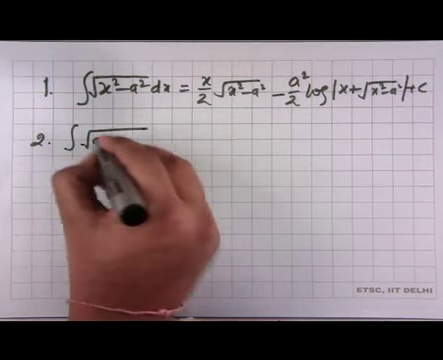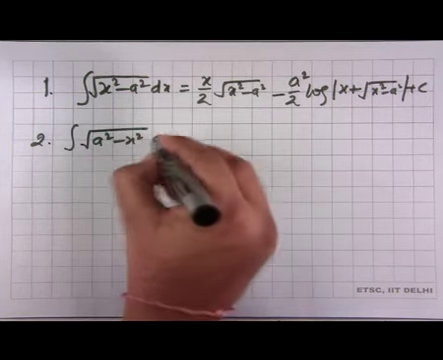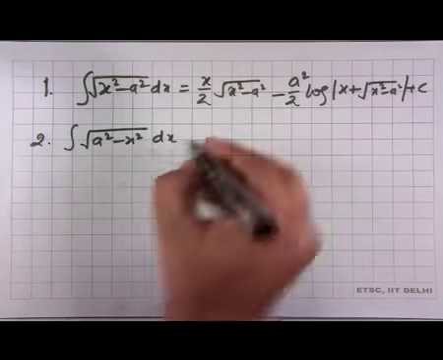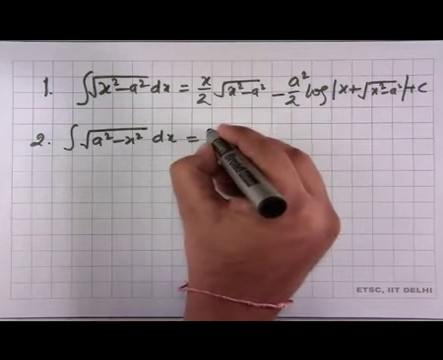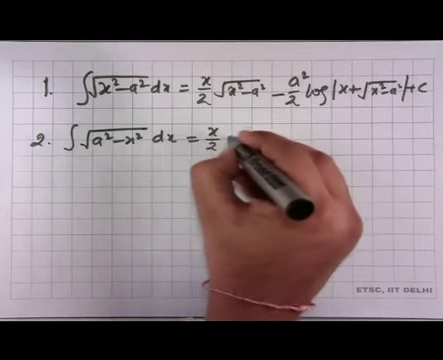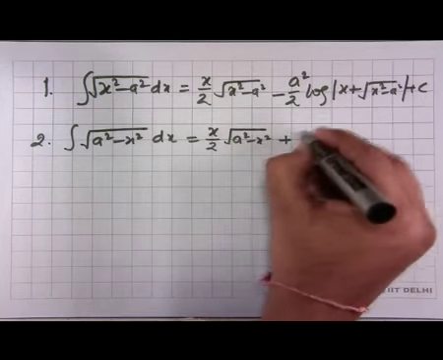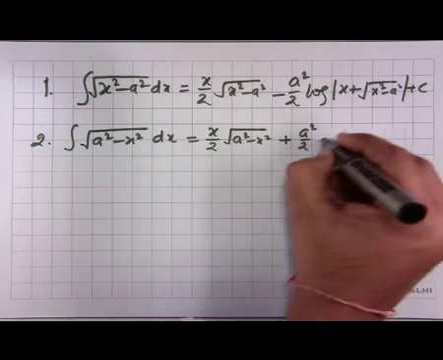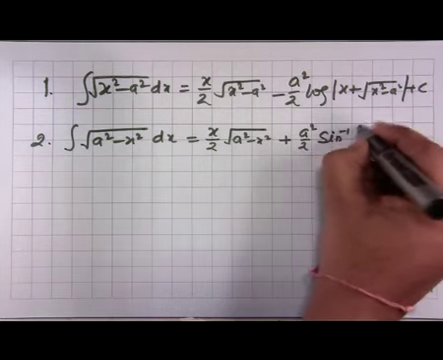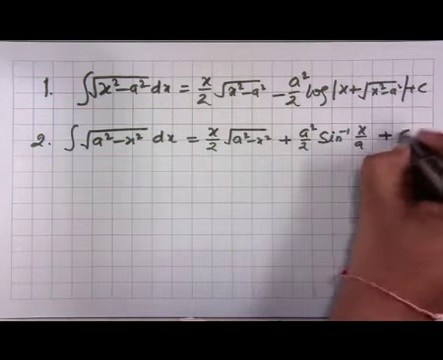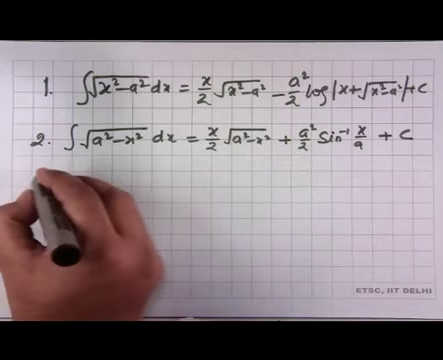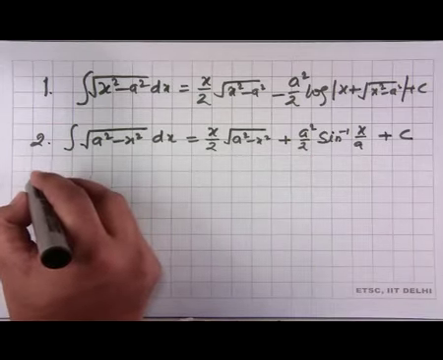Integration of square root of a square minus x square dx, which was similar to 1 minus x square, is equal to x by 2 square root of a square minus x square plus a square by 2 sine inverse x by a plus c. This is the one which we observed in the example of x sine inverse x.